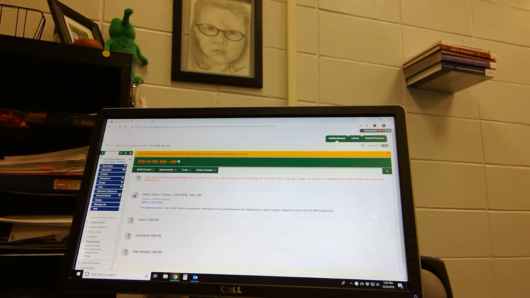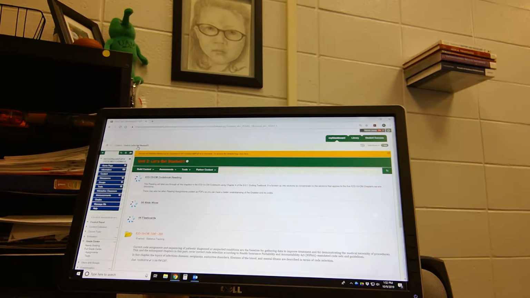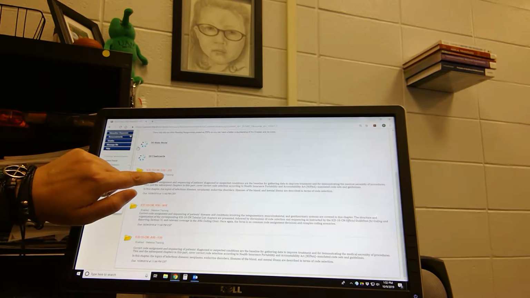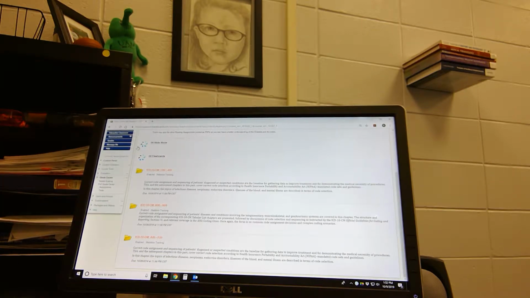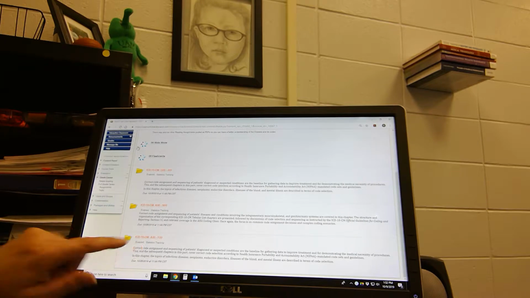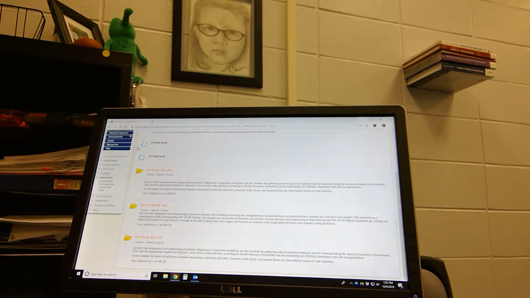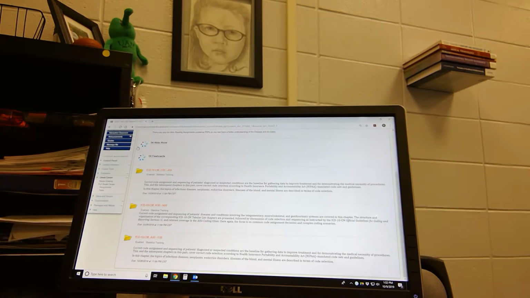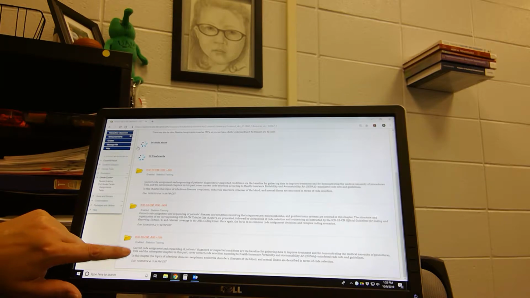Let me go back actually. Okay. So you might notice that we are starting with G00 through J99, then we go to K00 through N99, then we go back to A00 through F99. I did that because of these 3 folders, this is going to be the hardest.